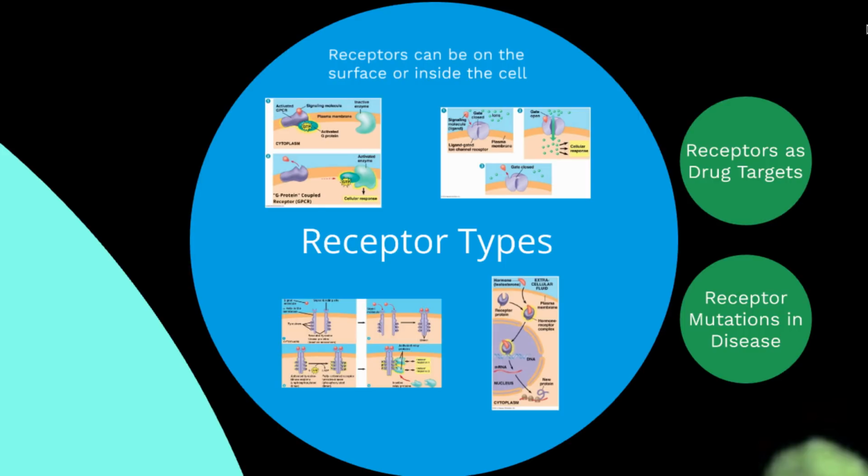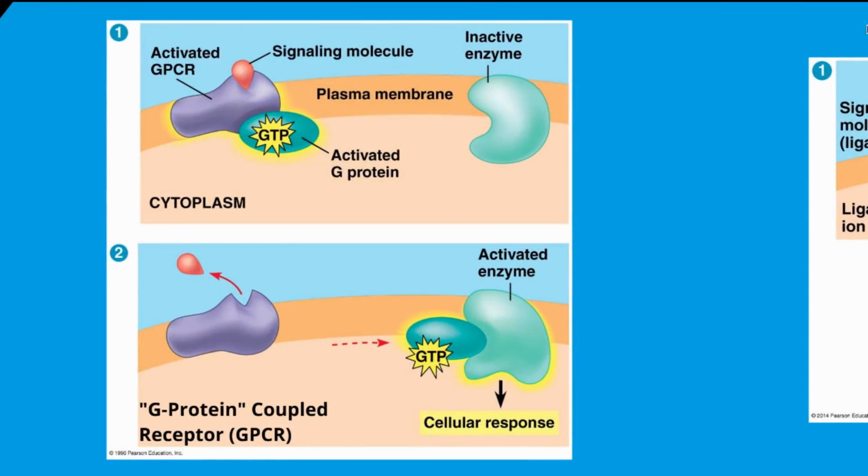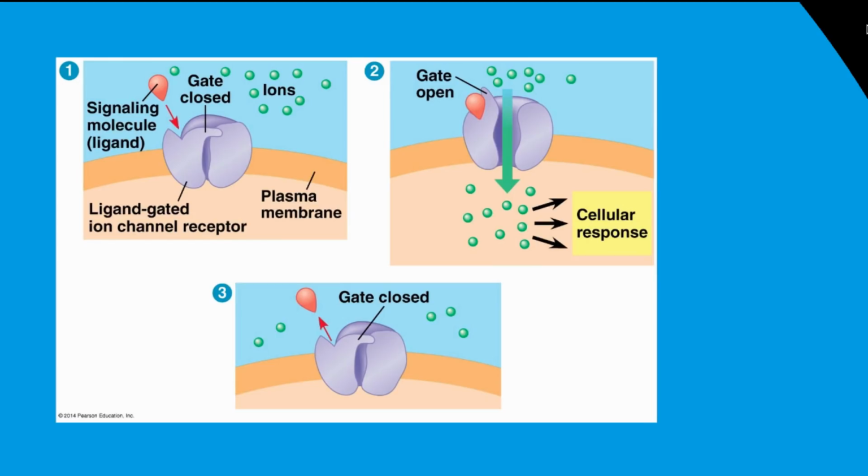A few examples here very quick of some cell surface receptors. We have these G protein coupled receptors. They are referred to as G proteins because the energy used to start the signaling process comes from GTP rather than ATP. We also can see ion channel receptors, which when they are stimulated will open and allow ions to pass through the membrane.